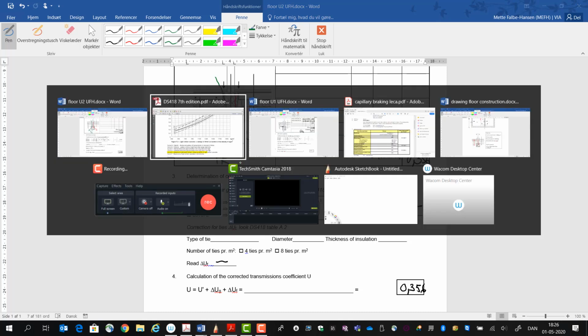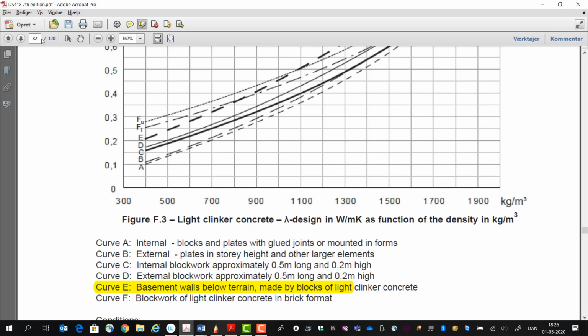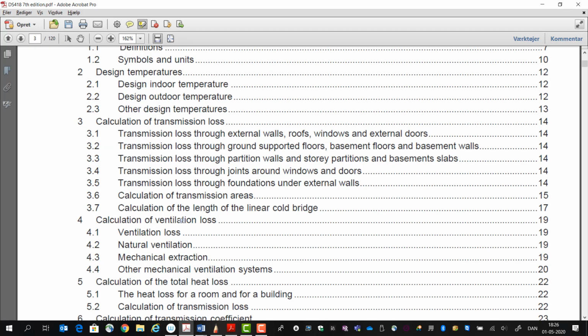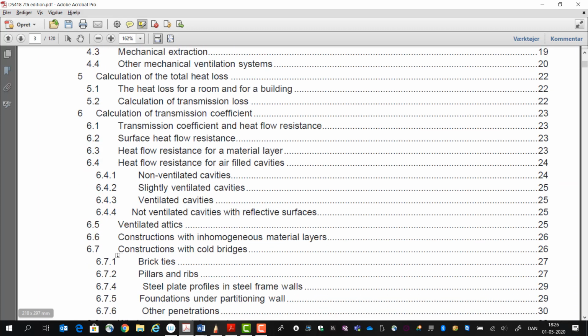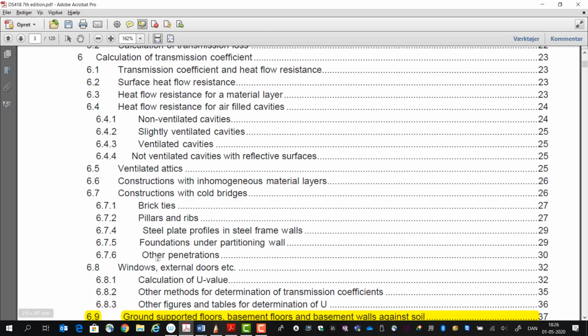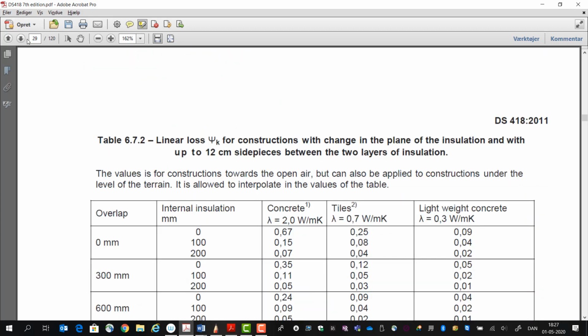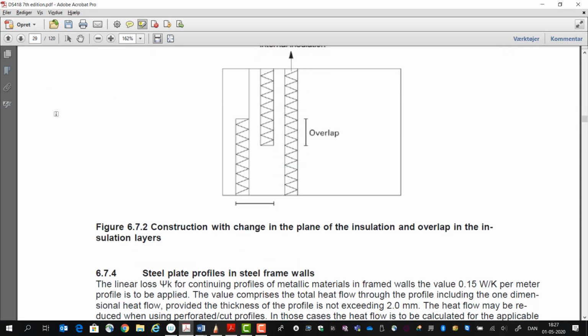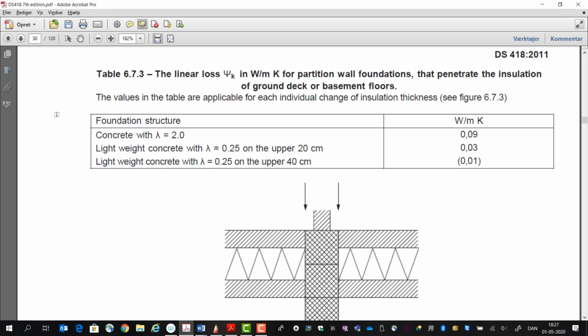So we go to DS418, and I go to table of content, and then it's under chapter 6.7, where we have foundation under partition walls here. So we go to page 29. And then it's this here.